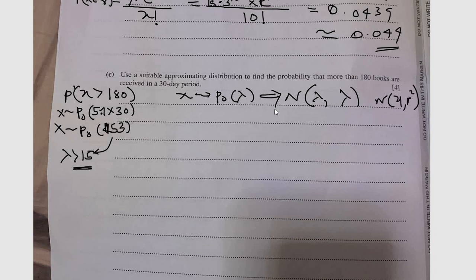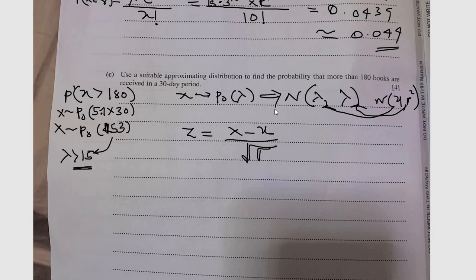In this case, the mean is lambda, and the variance is also lambda. And what's the formula to standardize? X minus mean over the standard deviation.